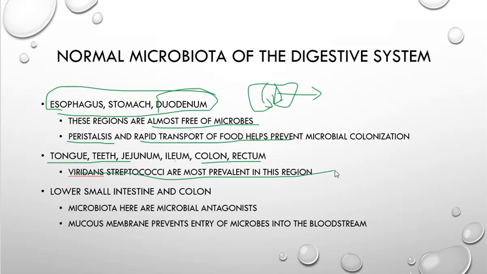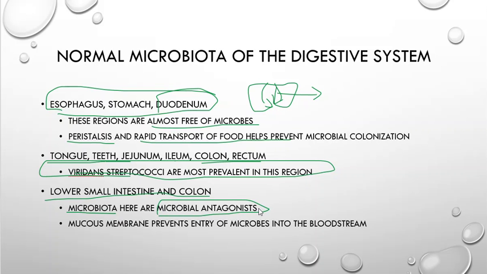One of the most common bacteria there, especially in the mouth, is viridans streptococci. The lower small bowel and the colon, we have normal flora here, we've got bacteria, and these guys actually help us.